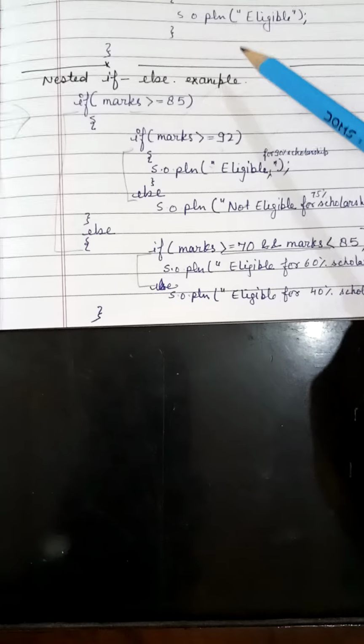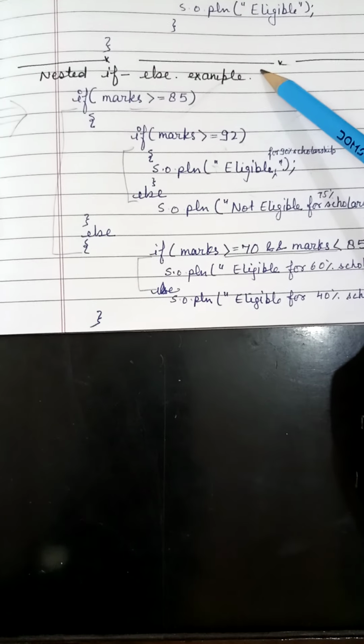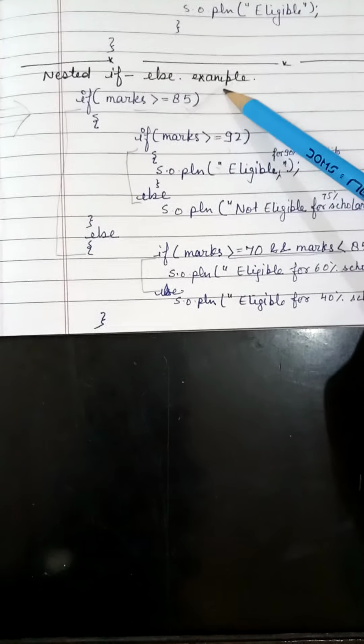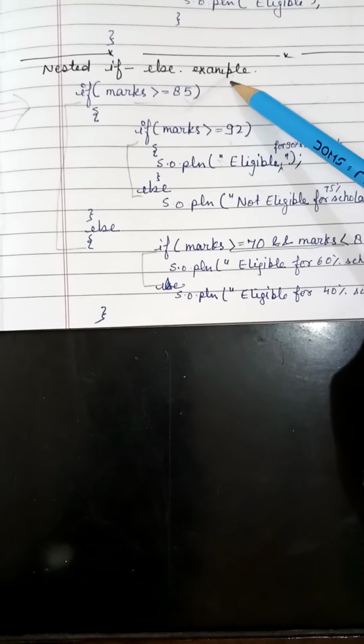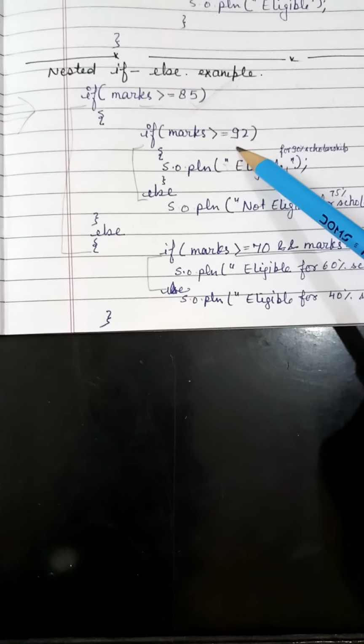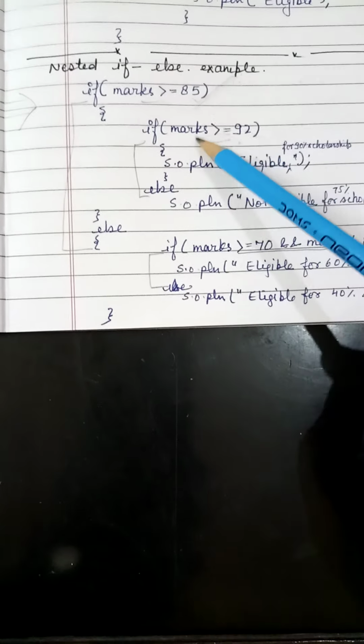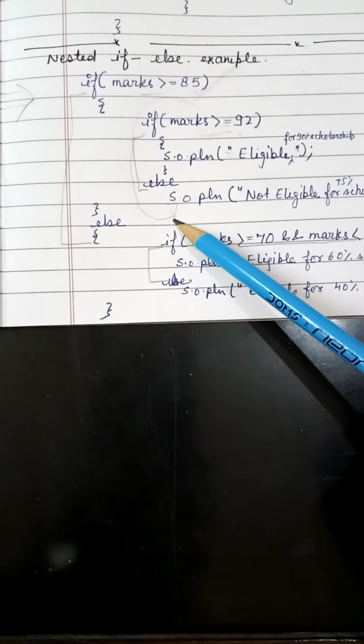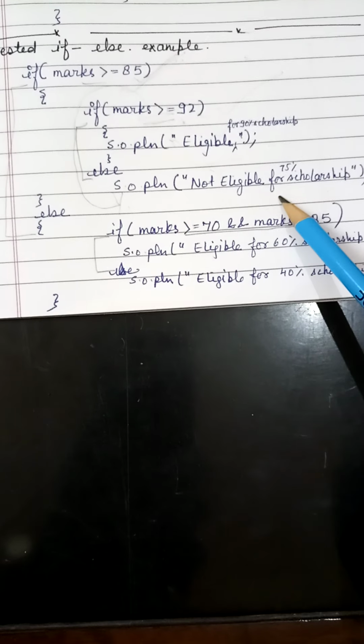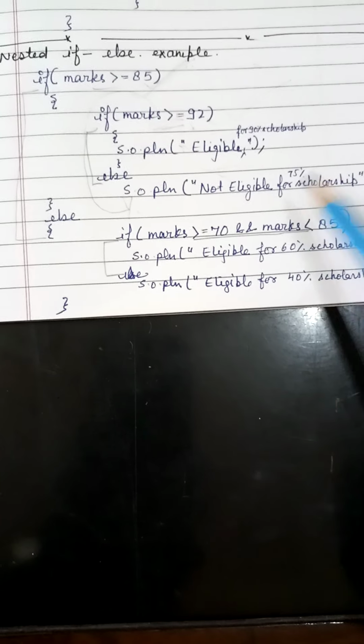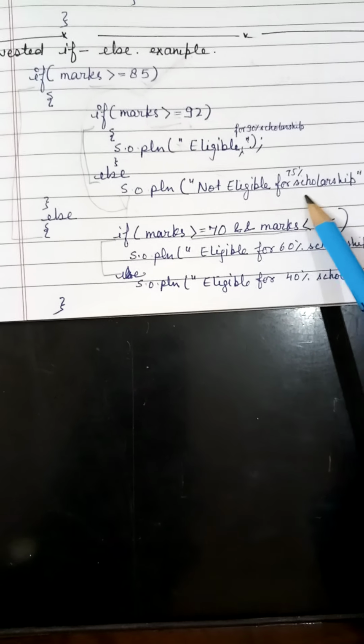And if the input is 90, this condition is true, 90 is greater than 85, but less than 92, so the inner one is false. So we come to the else part of this inner if, that is, not eligible for 75% or 90% scholarship, whatever the condition given.